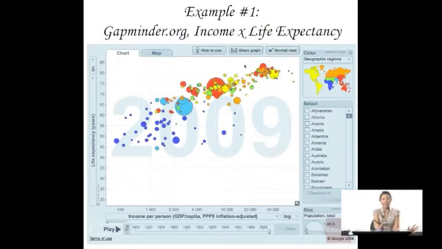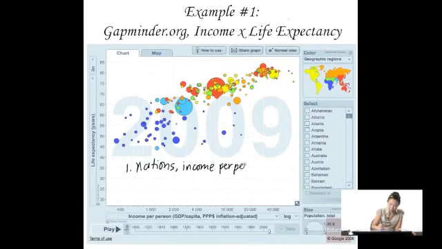But let's answer our 5 questions, getting back to more statistics things. So the first thing is that these are nations that are represented, and it's their income per person by life expectancy, right? So we've figured out what the cases are and what the variables are.